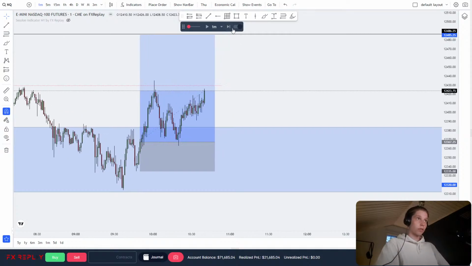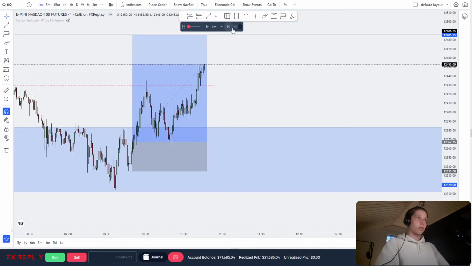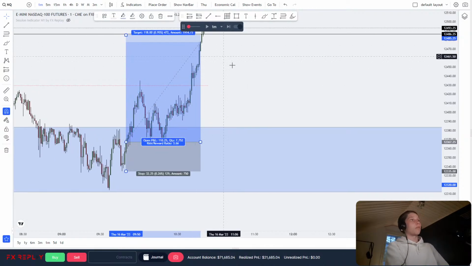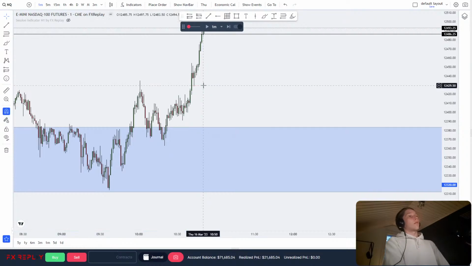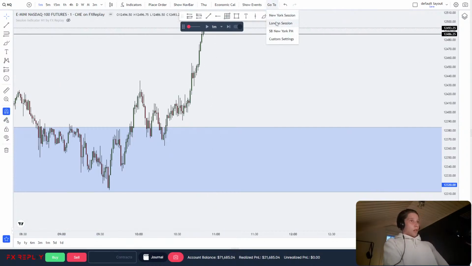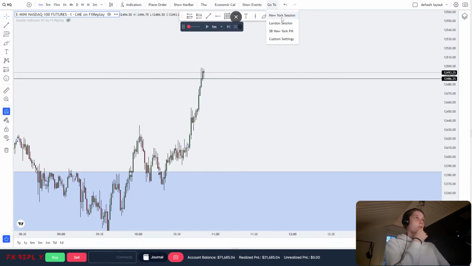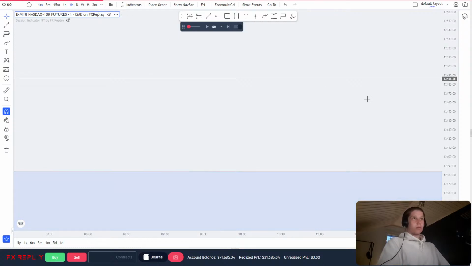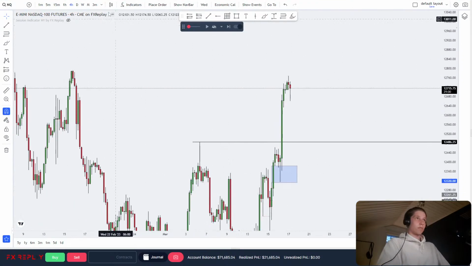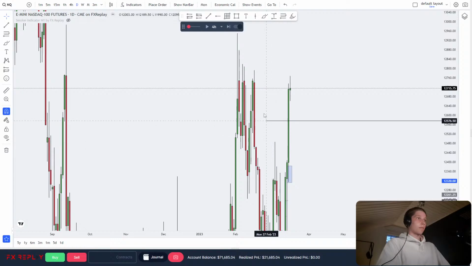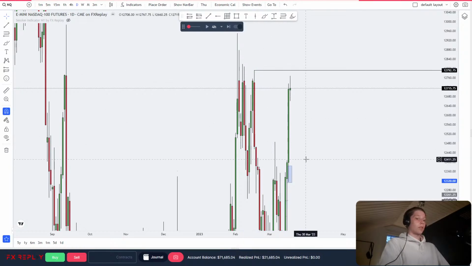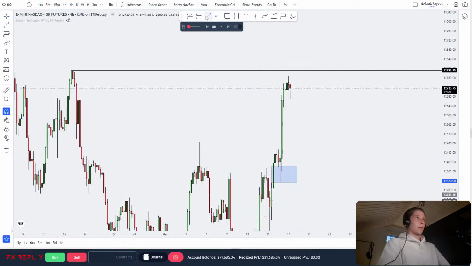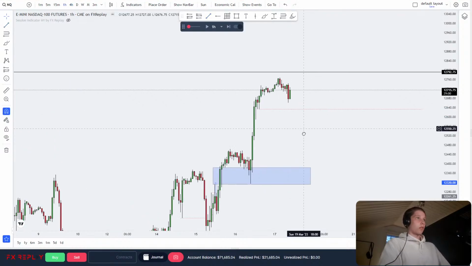Okay, it doesn't. That would have been a huge trade if that hit, which is annoying because it's annoying that I can't stay with those, but we're definitely running up here. Maybe taking out that low.